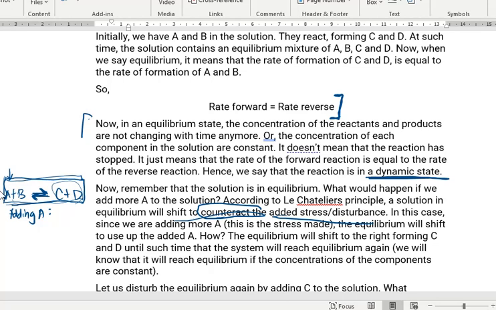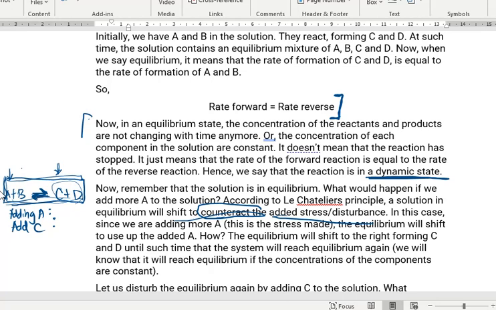Now, what do you think would happen if I add C? Okay, so again, na-form na balik ang equilibrium, di ba? Nibalik na equilibrium. And then I added C. What do you think would happen? So since nagpuno man ka og C, the equilibrium will shift to use up the added C. How does it use up the added C?